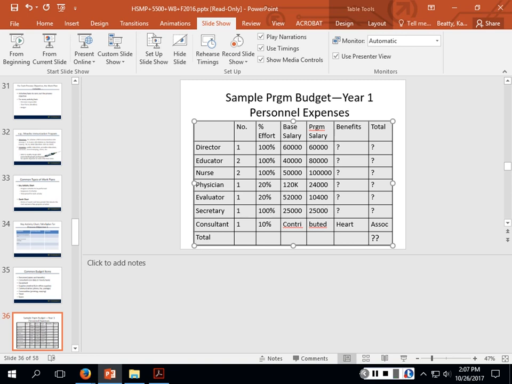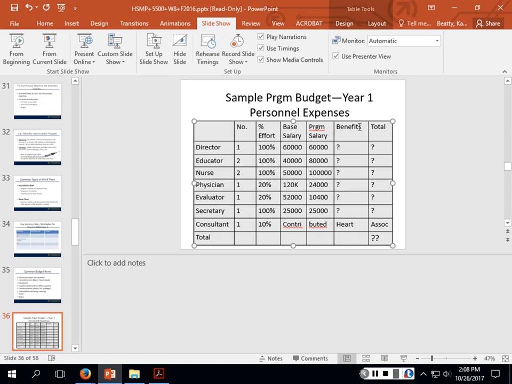The secretary is allocating 100% of her effort to our program, so our program will pay her salary in full. And 10% of the time of the consultant is an in-kind contribution by the Heart Association, so our program is not paying for that 10%. But we should note, either here or in the justification, that this is an in-kind contribution.